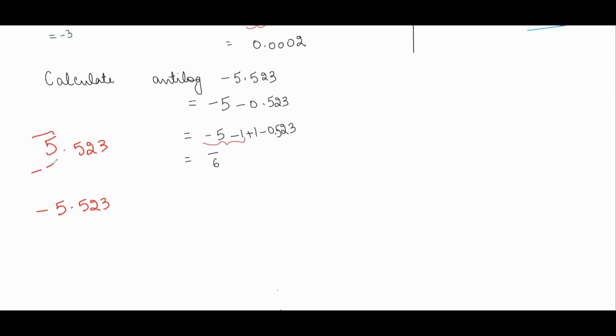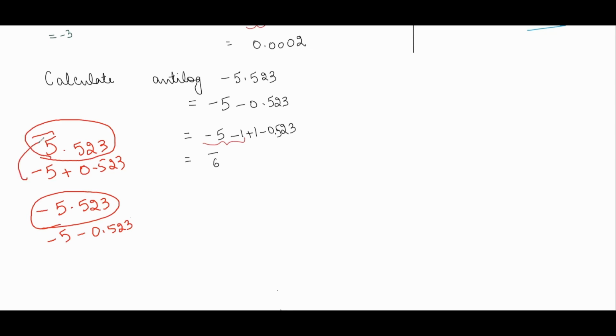This 5 bar means only 5 is negative. And putting it in front of a number means both these are negative. This is also negative. This is the difference between these two representations. This means this and this means this.